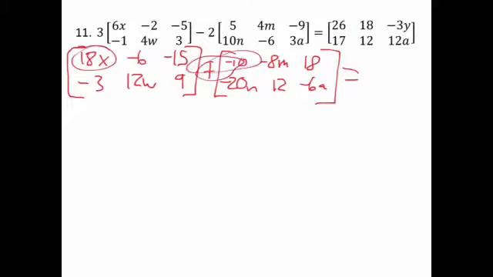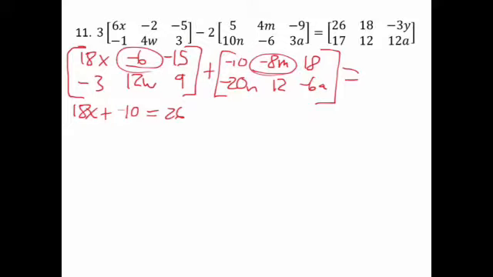18x plus -10 is going to equal 26. And then my next equation has the -6, -8m, all going to add up to give me 18.